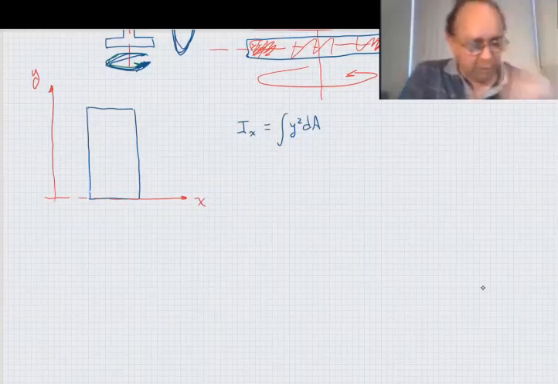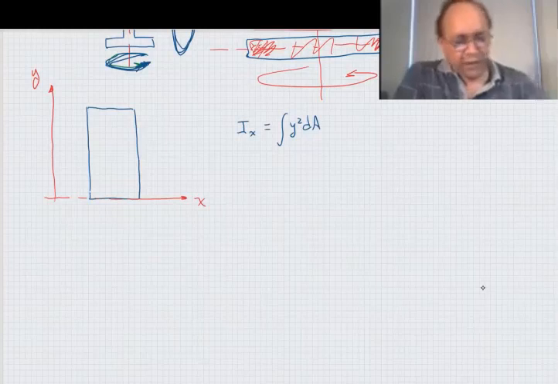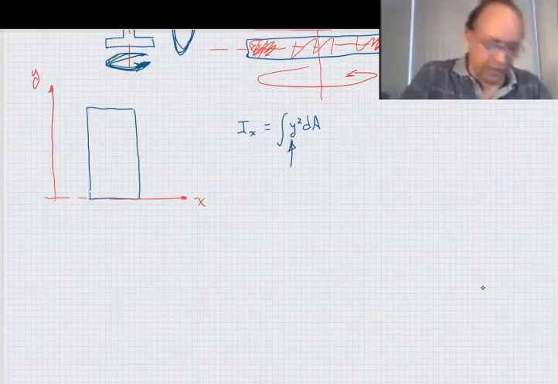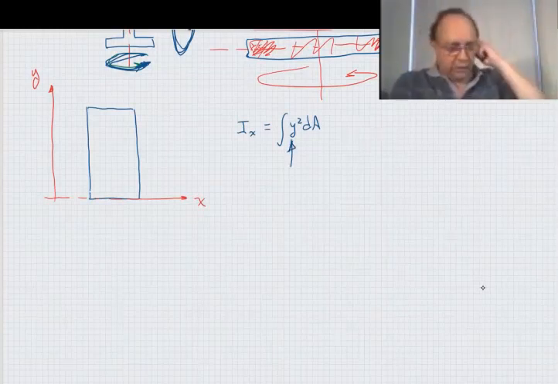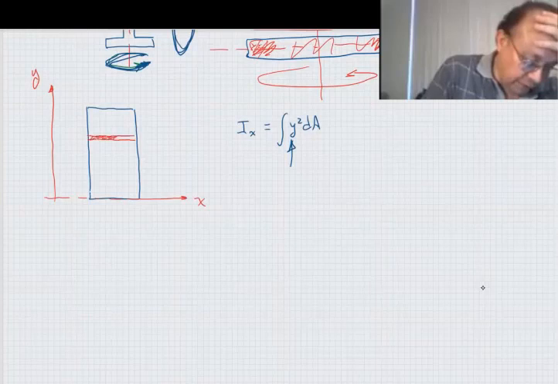So in order to make this integral, we need to find a differential of area where all the elements of the differential of area are at the same distance y from the axis of rotation that we are considering. So in this case, the differential of area has to be parallel to the x-axis. This will be the differential of area.